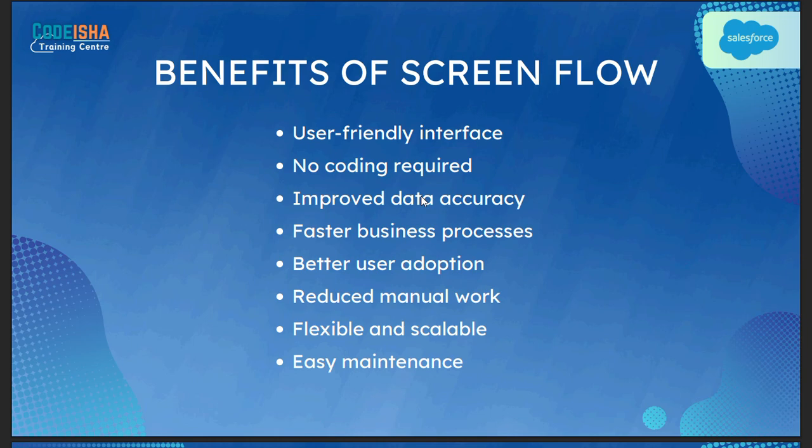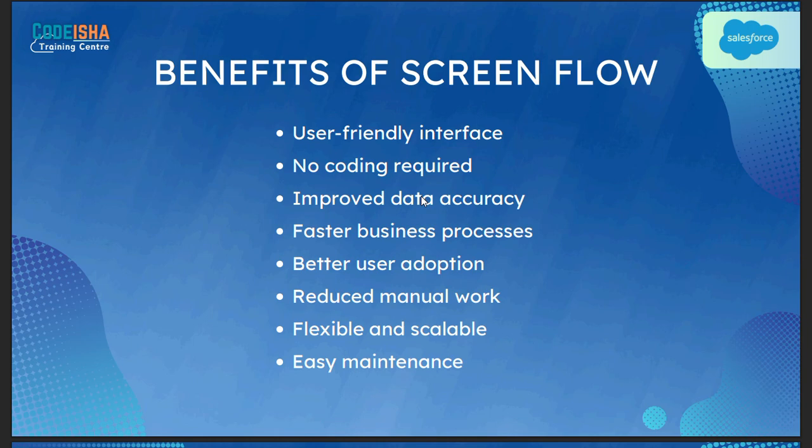It improves data accuracy, faster business processes, better user adoption, reduces manual work, and it is flexible and scalable, and also easy maintenance. So here are the benefits when we use this screen flow feature in our Salesforce org.